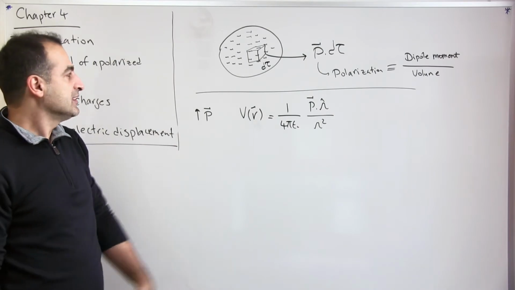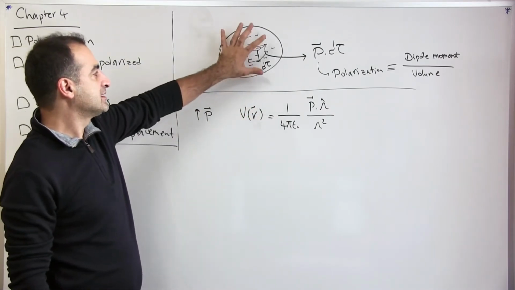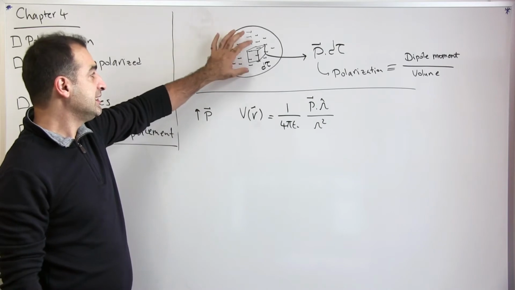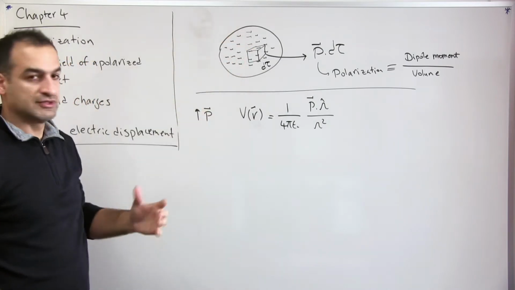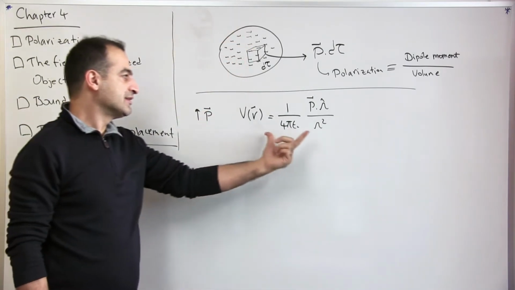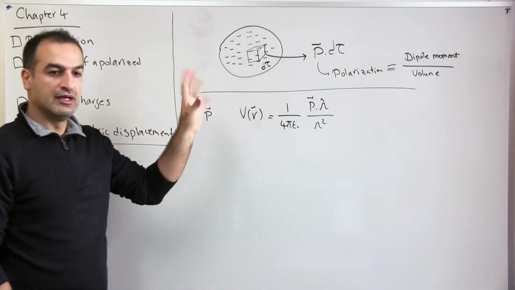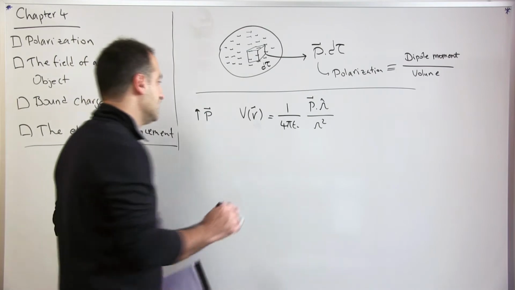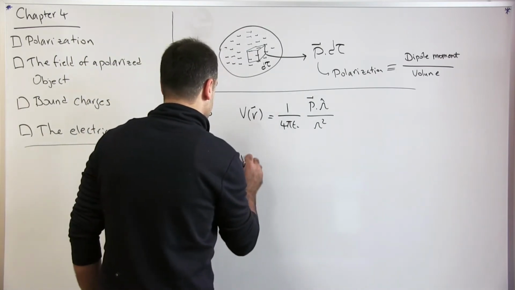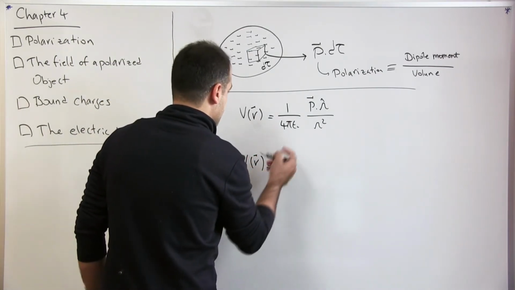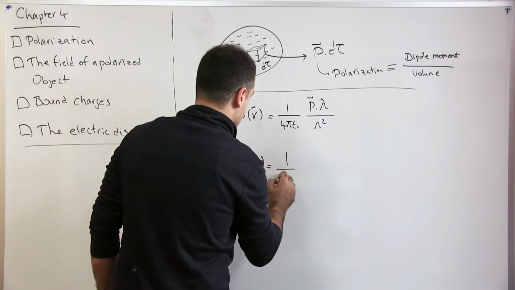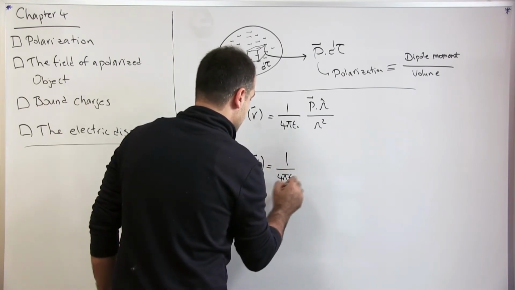Now imagine we have this piece of material which is big and is made of many, many dipoles. What should we do? We should integrate to calculate what electric potential is created by the whole volume of this material. That means we should integrate the dipole moment dot R term. The constant 1 over 4 pi epsilon 0 is always there.